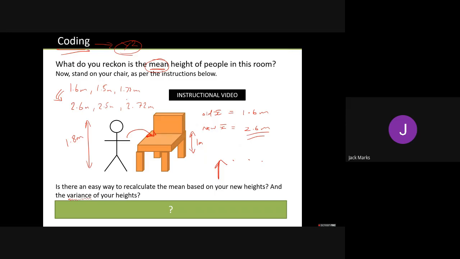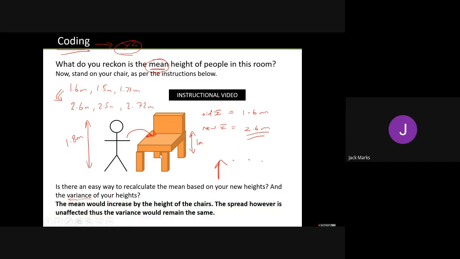What's the distance each has from the mean height? Well, the mean has increased, but the spread is unaffected. So variance would be the same as before, and standard deviation must also be the same as before.